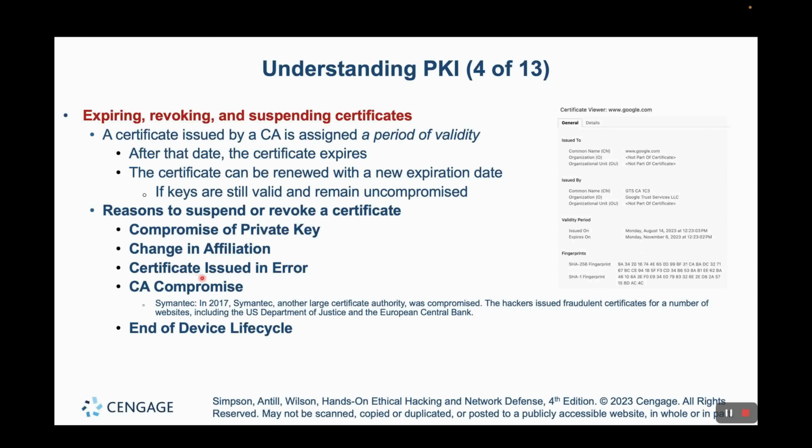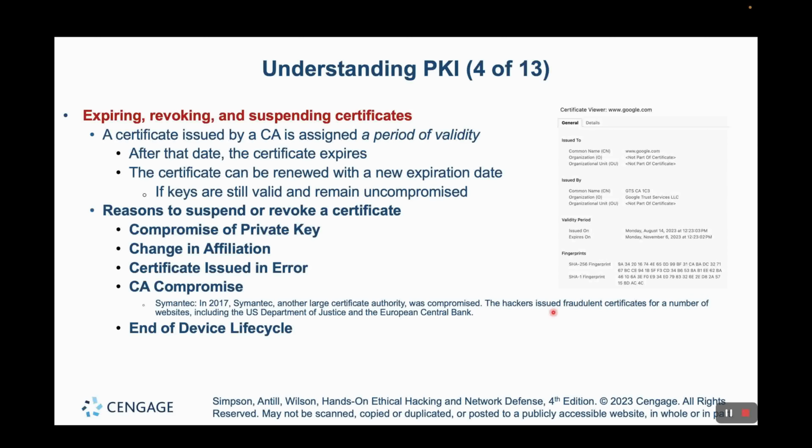Now, certificate issued in error. Okay, so if the certificate was issued in error or contains incorrect information, it should be revoked or replaced with the correctly issued certificate. Now, CA compromise, yes, that happened before, and there are many examples. For example, Symantec in 2017, and another large certificate authority was compromised.